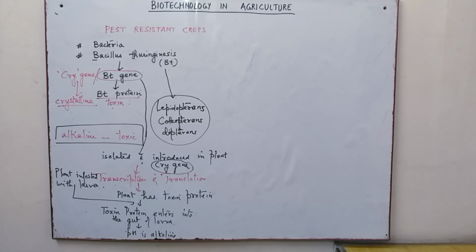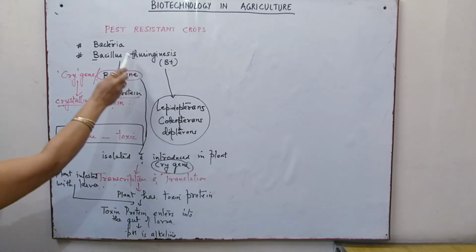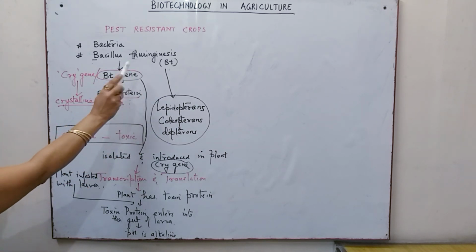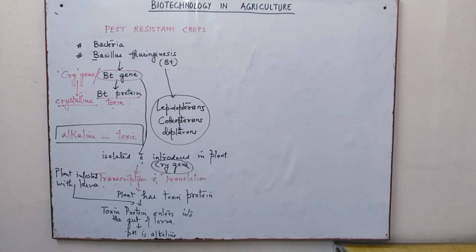So specific Bt toxin genes are isolated and incorporated into several crops, for example cotton, which is a very good example. The type of gene which we choose depends upon the crop and the pest. The gene which has been isolated has to be effective on certain kinds of pests only. Therefore, we have to choose accordingly.